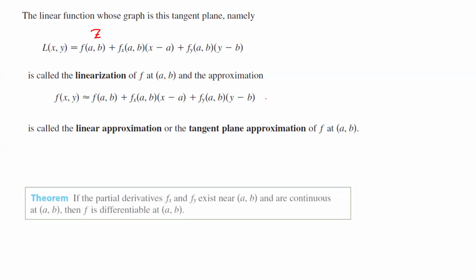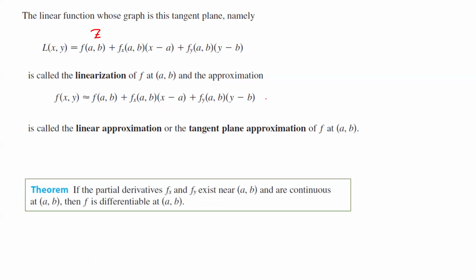We have a nice theorem. The theorem says if the partial derivatives f sub x and f sub y exist near a and b, meaning that we look at this locally, and are continuous at a and b, then f is differentiable at a and b.